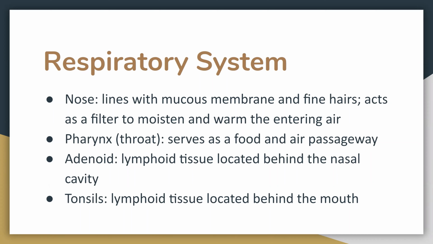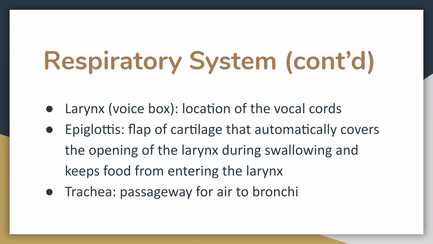Tonsils are lymphoid tissue located behind the mouth. The larynx or voice box is the location of the vocal cords, and the epiglottis is the flap of cartilage that automatically covers the opening of the larynx during swallowing and keeps food from entering the larynx. Now, the trachea is a passageway for air to the bronchi.